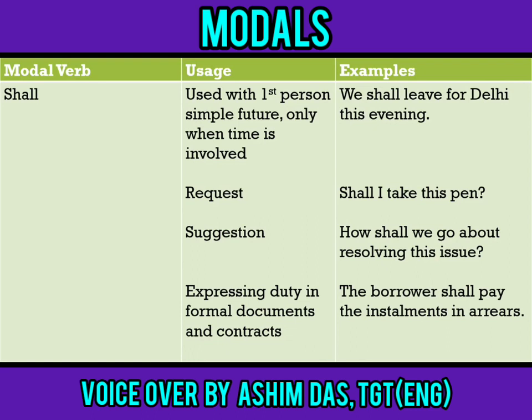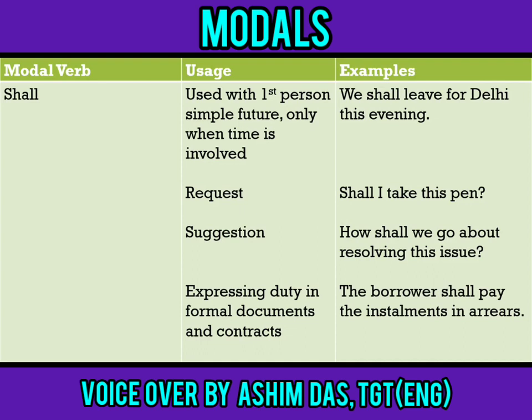Example, how shall we go about resolving this issue? The fourth usage is expressing a duty in formal documents and contracts. Example, the borrower shall pay the installments in arrears. So these are the various ways how we can use shall.